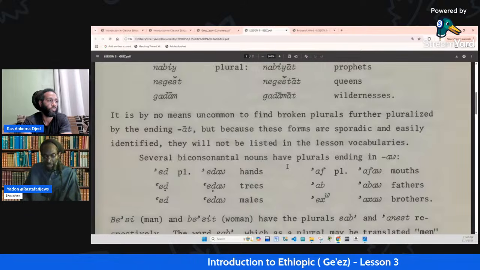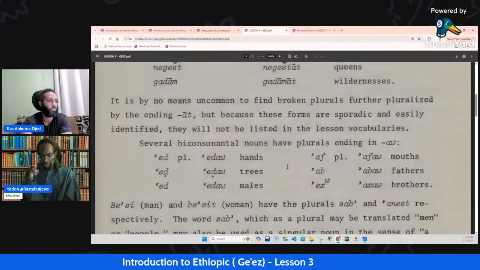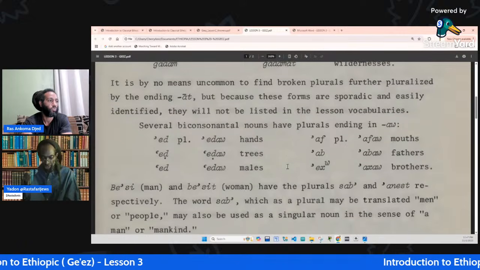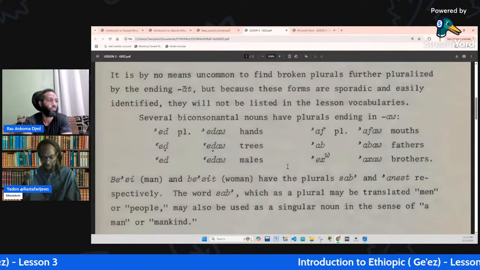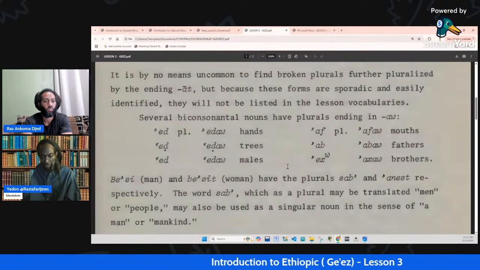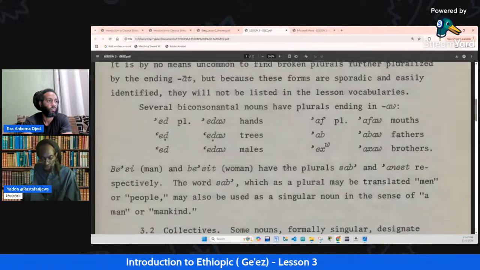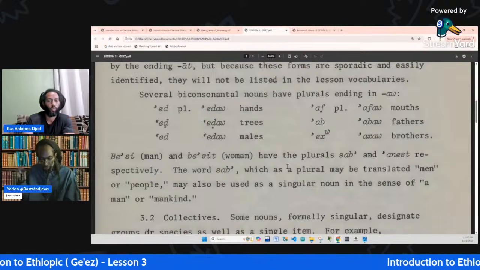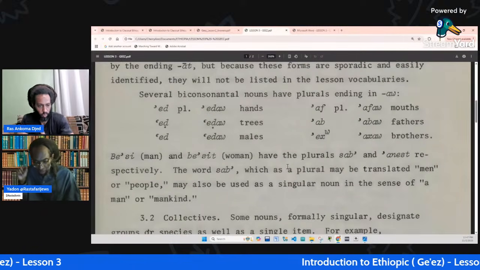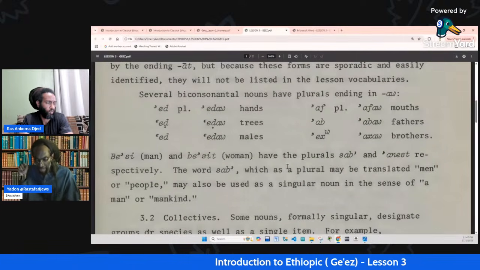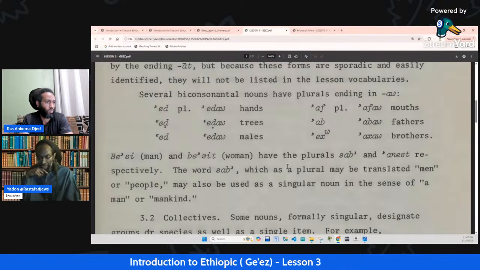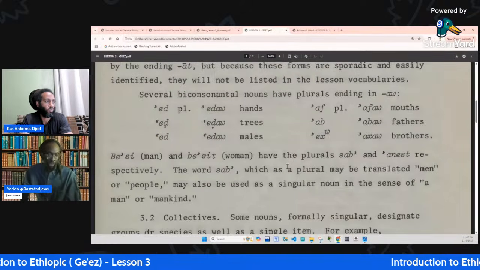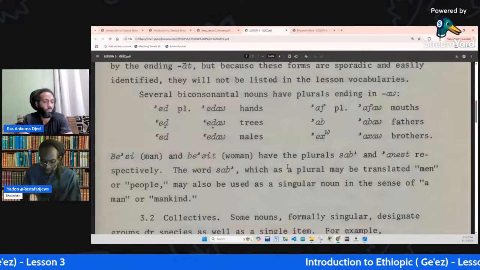Several biconsonantal nouns... Remember we talked about triconsonantal roots, which is a general pattern, the trinity among the Semitic languages, the Shem languages. But here we have bi, two consonants, where there are two main root letters. Several biconsonantal nouns have plural endings in o. Now it looks like an o, but basically this is a.